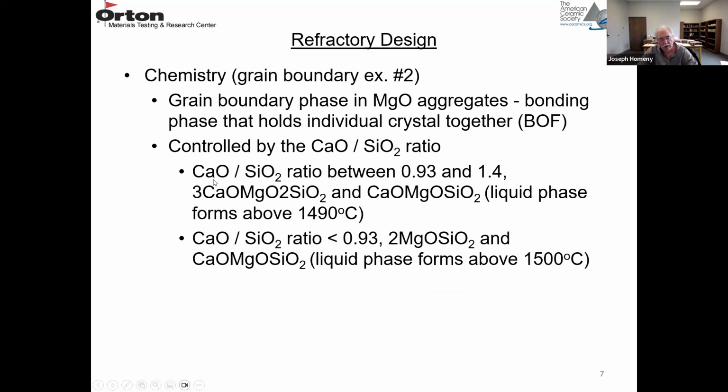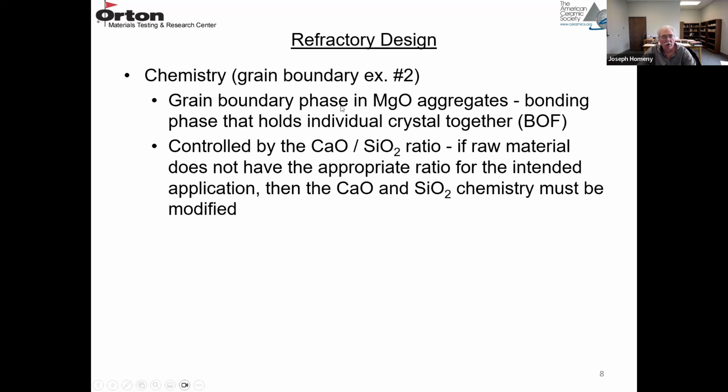And then we went on to say that with a lime to silica ratio between 0.93 and 1.4, we have two low melting phases, merwinite and monticellite, and the liquid forms at much lower temperatures, 1490 degrees C. And then finally, for ratios less than 0.93, we have forsterite, this magnesium silicate, and monticellite again, and it's still a low temperature system, 1500 degrees C.